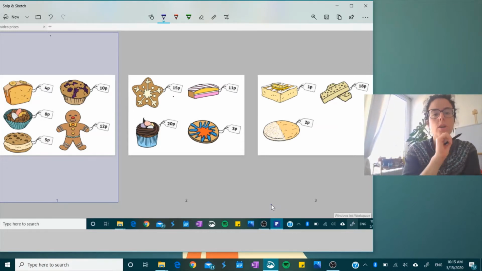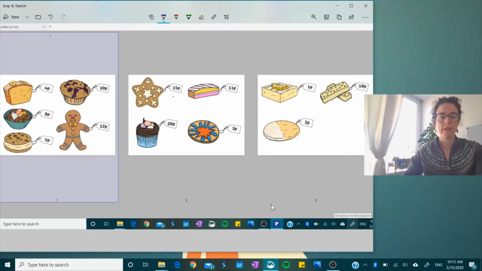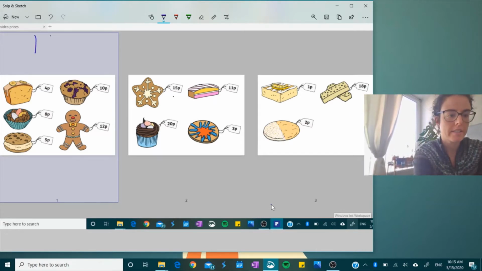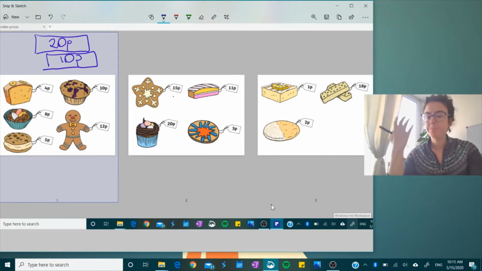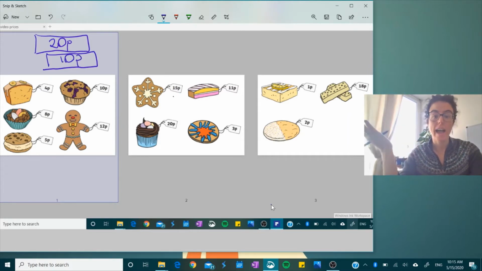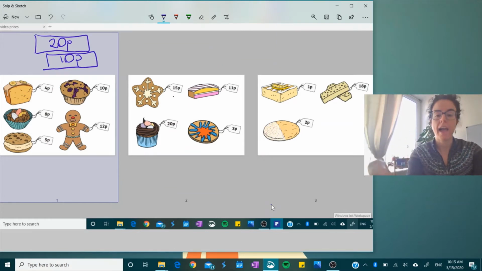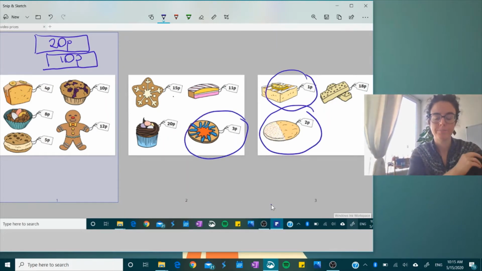Okay, so let's say Miss Gia is going shopping, and Miss Gia has, we'll say a 20p and 10p. And these are the only two things I have in my pocket. So I go shopping and I buy this lemon square, this cookie, and this other cookie.